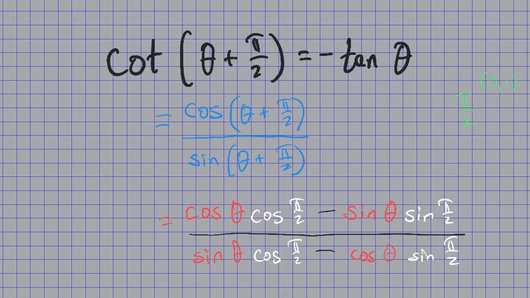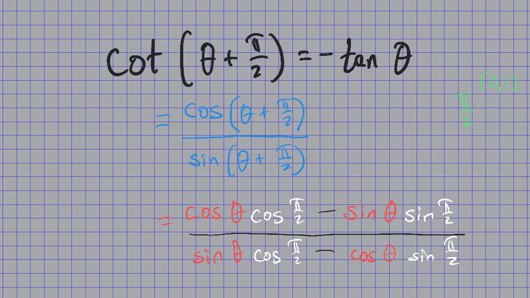That's an identity from a previous page that we've used quite a bit. But this time we're putting this over, and on the bottom we're going to do the sine of theta plus pi over 2, so again we have the identity for the sum of two angles.